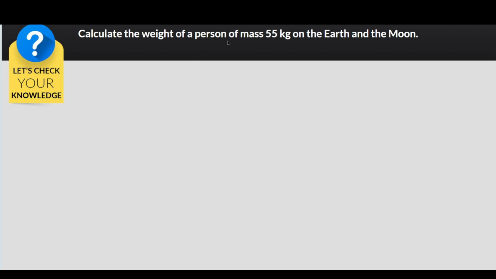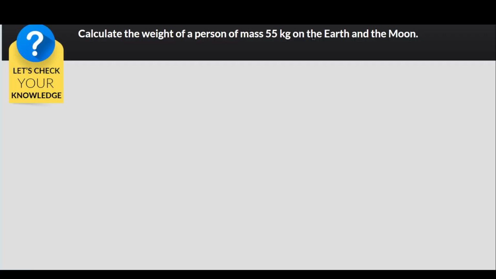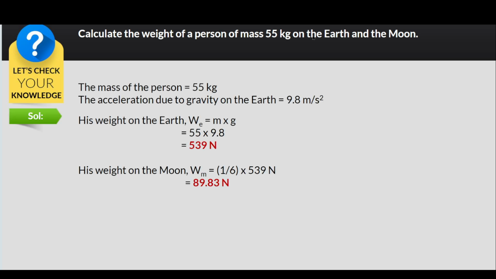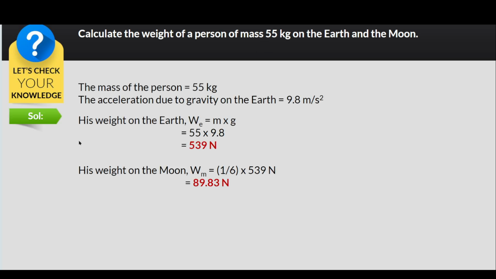So suppose there is a person of mass 55 kilograms on earth, how can we calculate the weight on the moon? The formula for weight is mass times acceleration due to gravity.